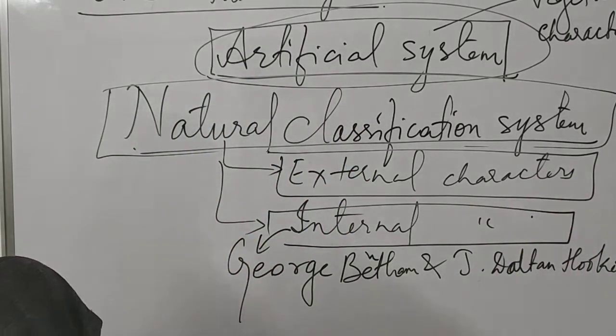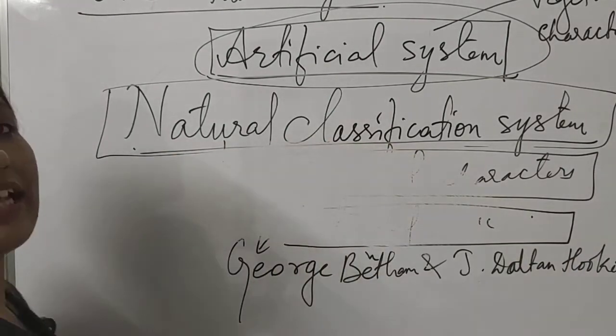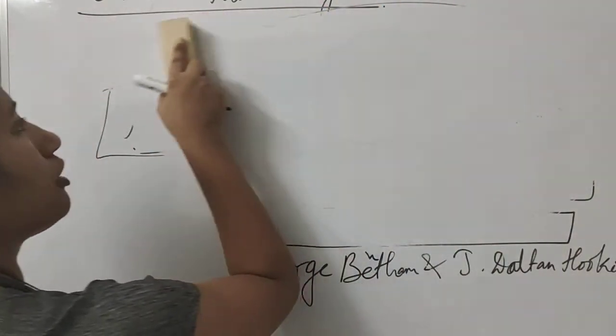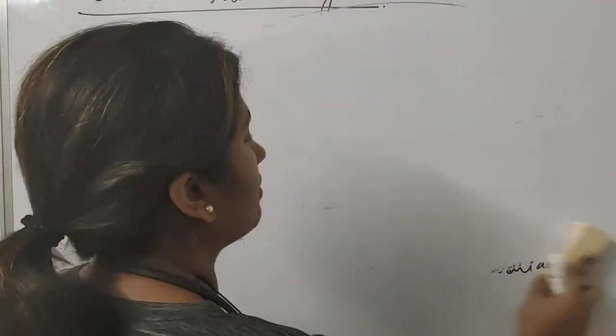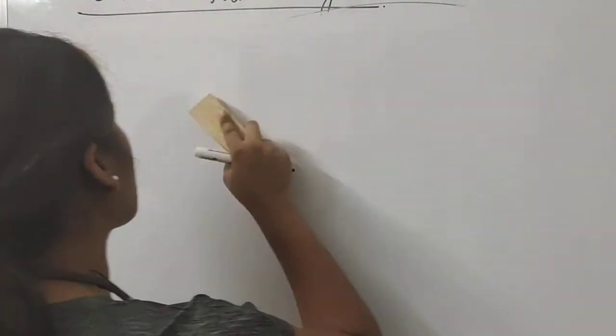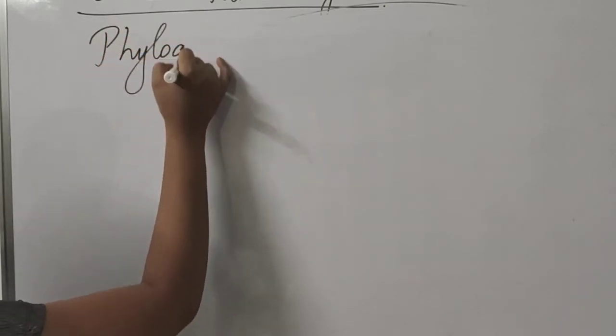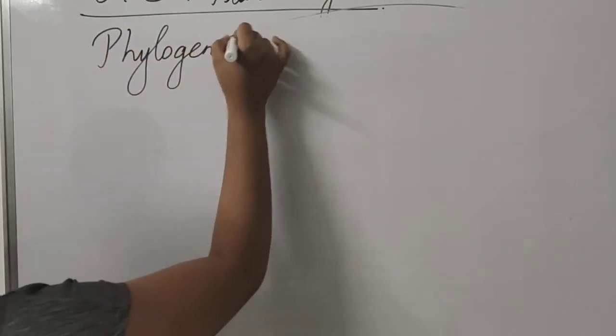Now once the natural classification system came, then we got a broader way of classification. We got a much broader way of classification. Another system came, that is the phylogenetic classification system.